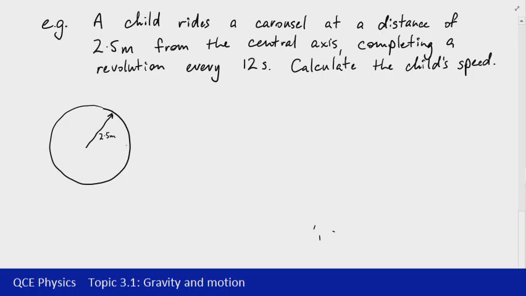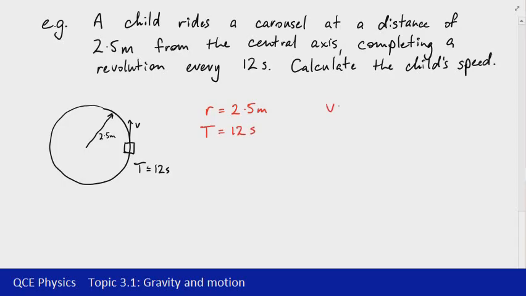The child is positioned here and they're moving with some speed. We don't know that yet, being v, so that's what we're trying to calculate, but we do know that the period is 12 seconds, so it takes a total of 12 seconds to complete one full revolution. So the data that we've got from the question that we can jot down first of all is that the radius is equal to 2.5 meters and the period is 12 seconds.